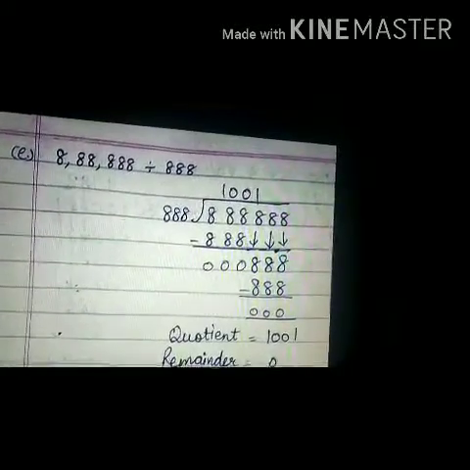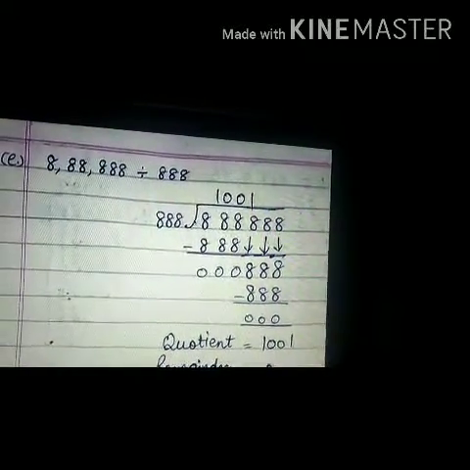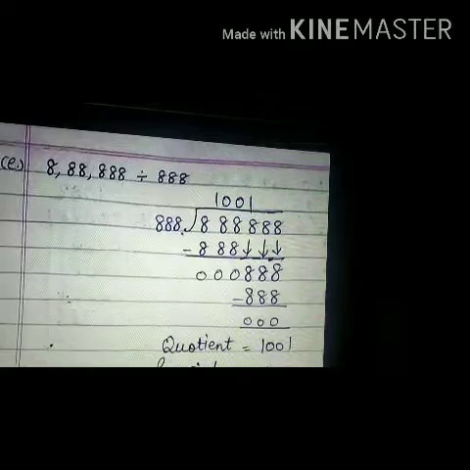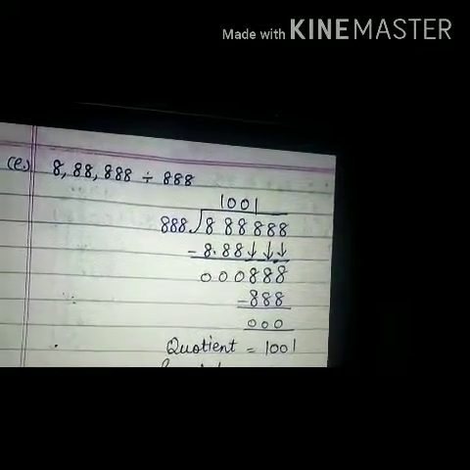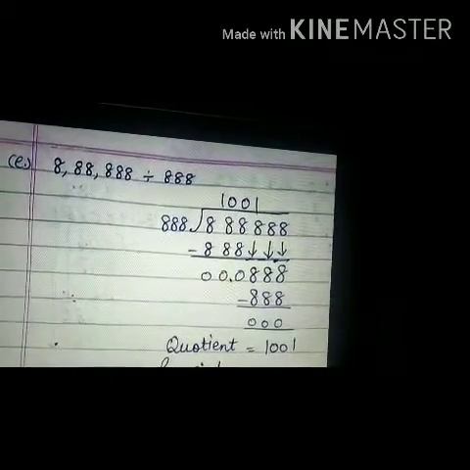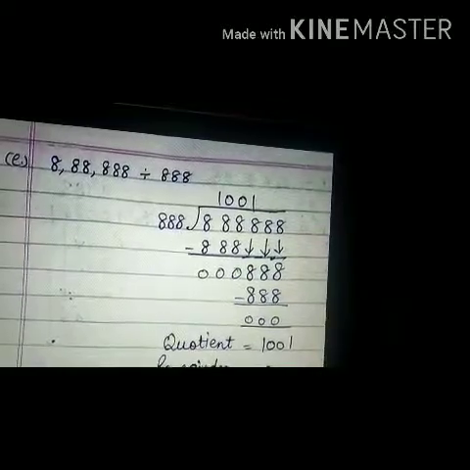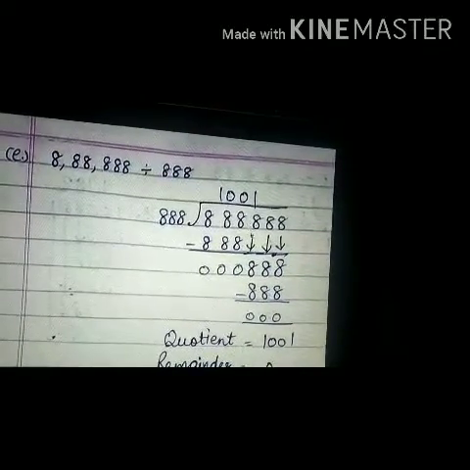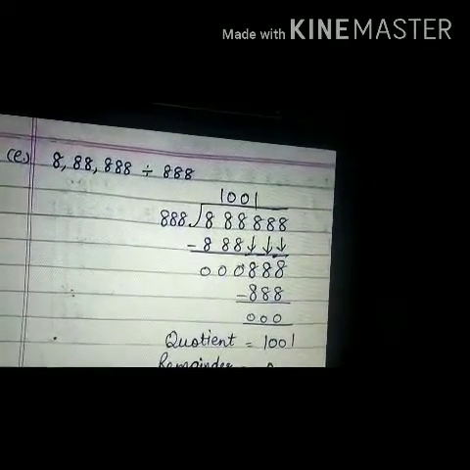So we'll arrange the division sum, and 888 ones are 888. Then when you subtract it you will get 3 zeros. Then the next 8 will come down.